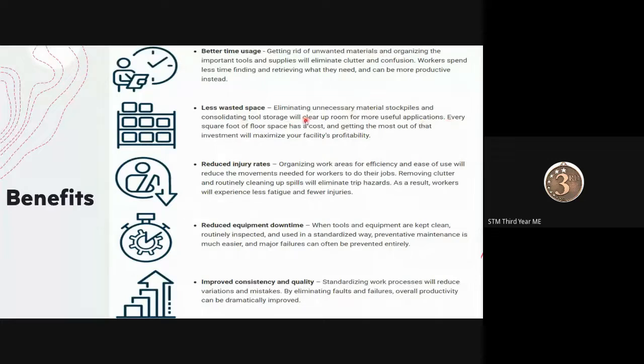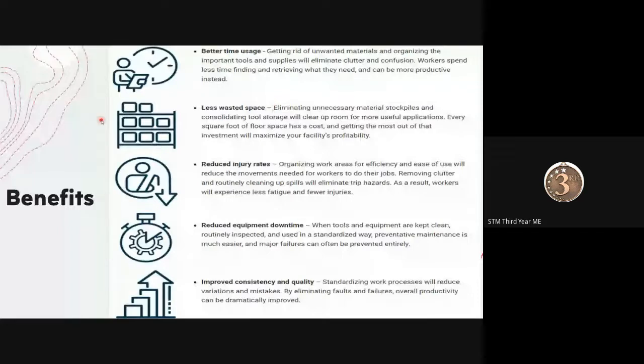Once the waste is cleared, you will get more sufficient area for maybe mounting the product and operating on it, or mounting the tool stand, etc. So there will be more space. So you are using the space for some purpose. So wasted space will be less.